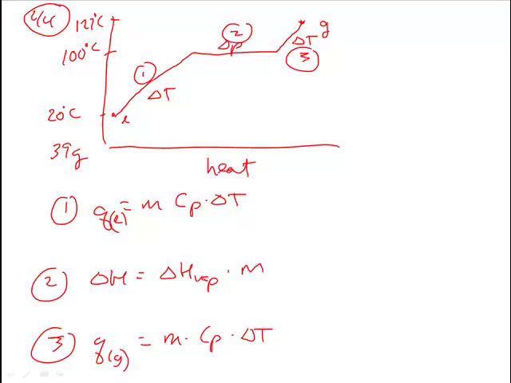Now, all of the data is given in the problem. You plug in the numbers, and this is going to give you a joule value for each of these quantities. You add all three of these up, and that tells you the total amount of joules for this three-step process.